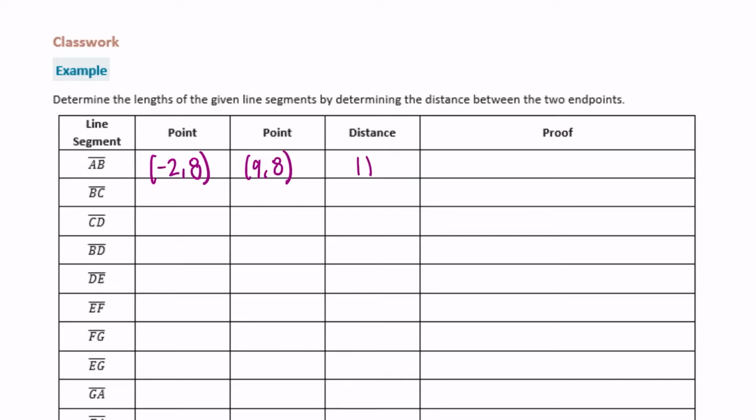So when I'm looking at my points, I'm looking for what is different. So they both have an 8. So I don't really need to do anything with that because they're equal. Where they differ here is the x coordinate. So we want to find the difference between the x coordinates and that will show us our distance.